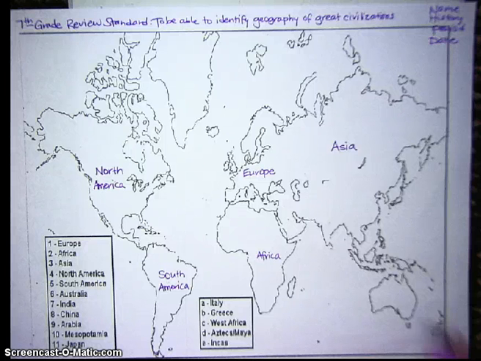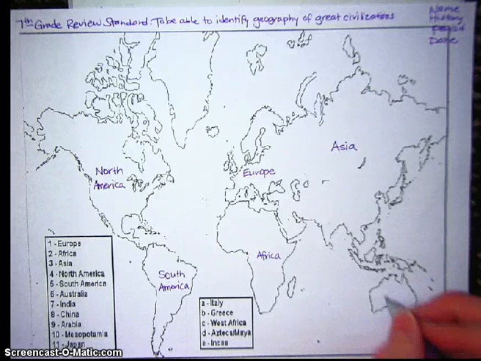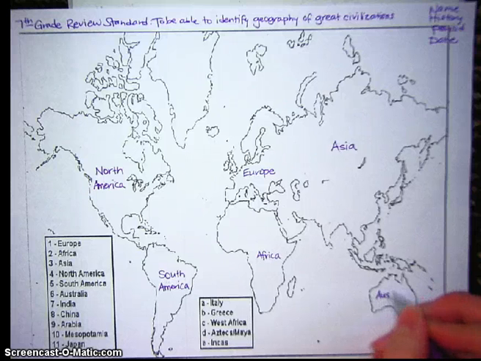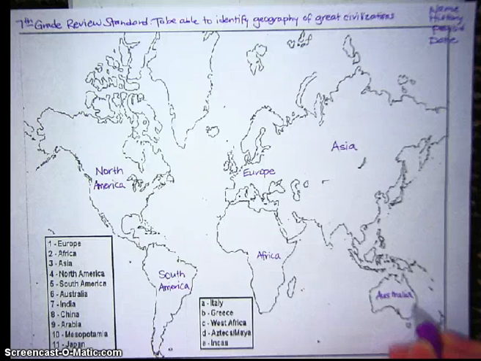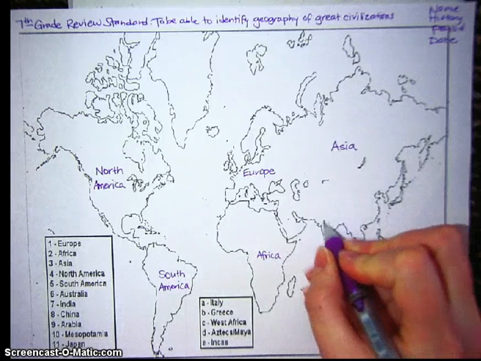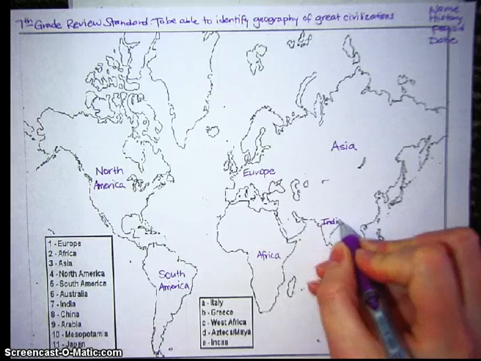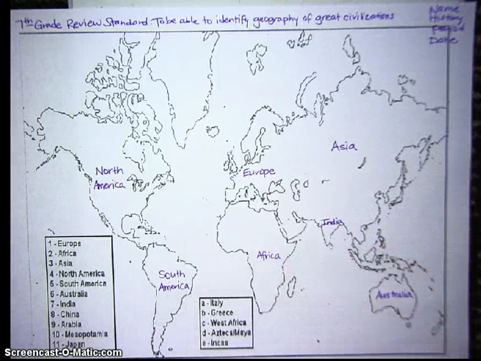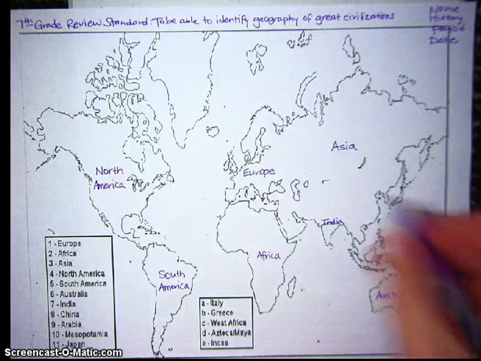6 is Australia. Australia is over here. This continent right here. 7 is India. India is this little tip right here. India, right there. 8 is China.